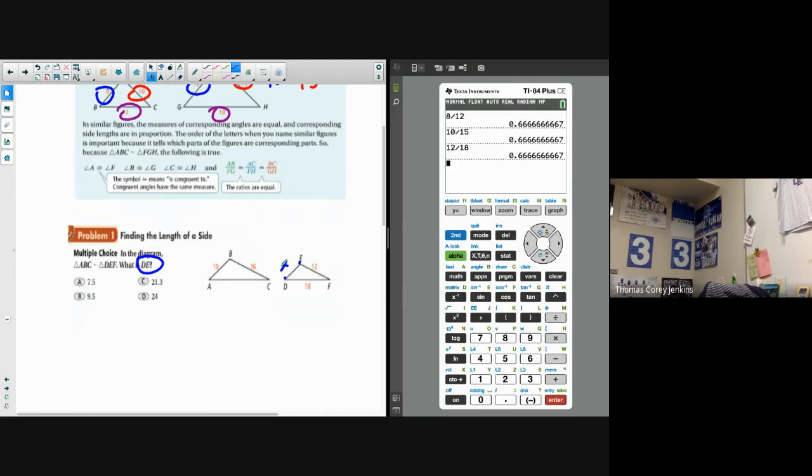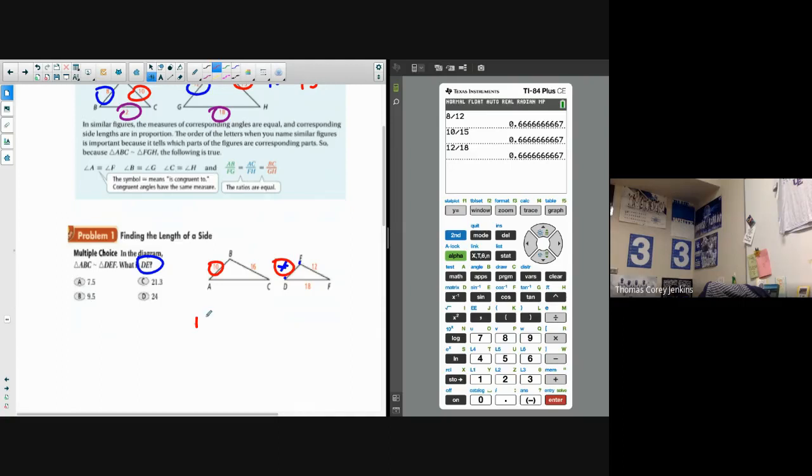There are lots of ways you could set this up. Let's set it up like we did up there. Let's put two corresponding sides together. So let's put AB with DE. You can tell that those correspond to each other.